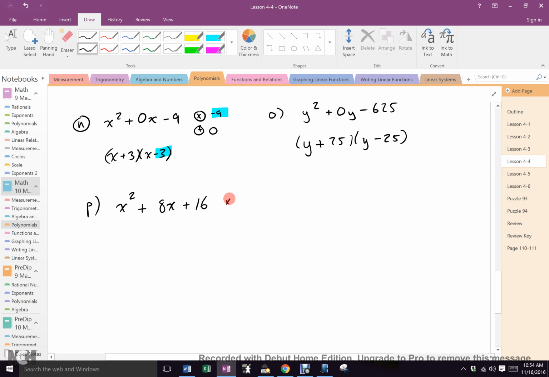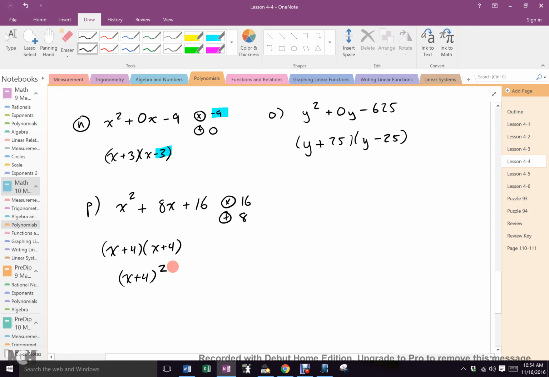What would I multiply to? 16, and what would I add to? 8. What is it? Plus 4, x plus 4. Which, would we ever write it that way? No, because math guys are lazy. What would we write? X plus 4 squared.